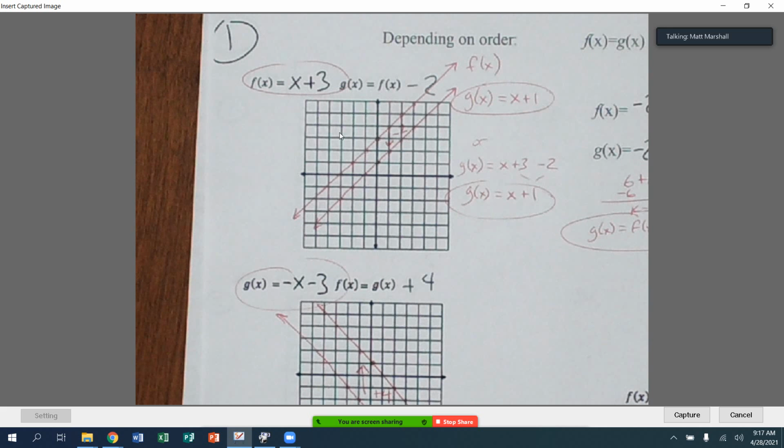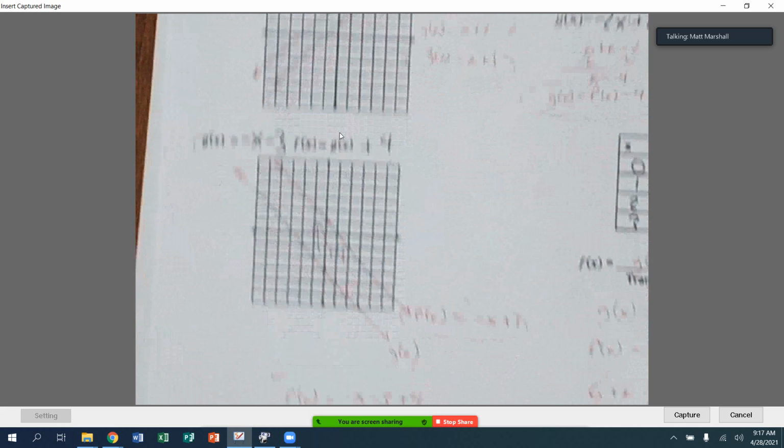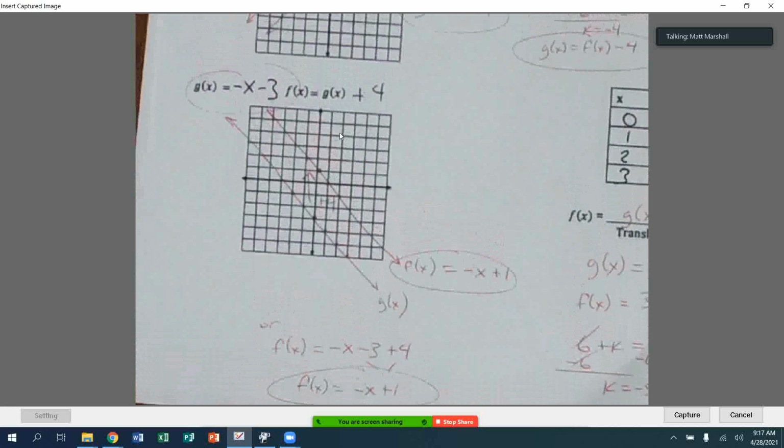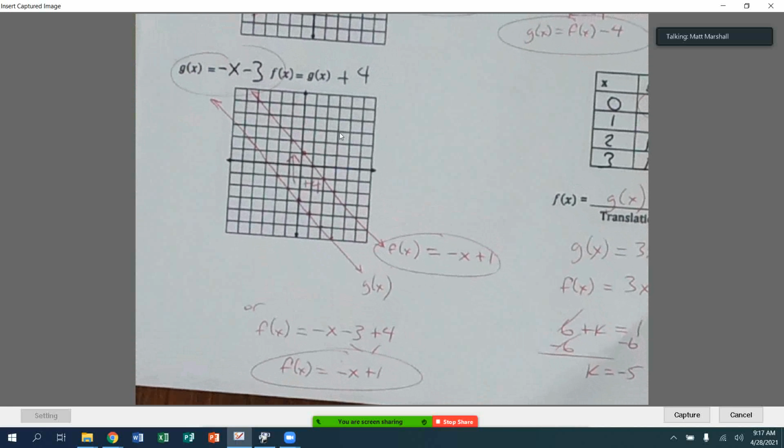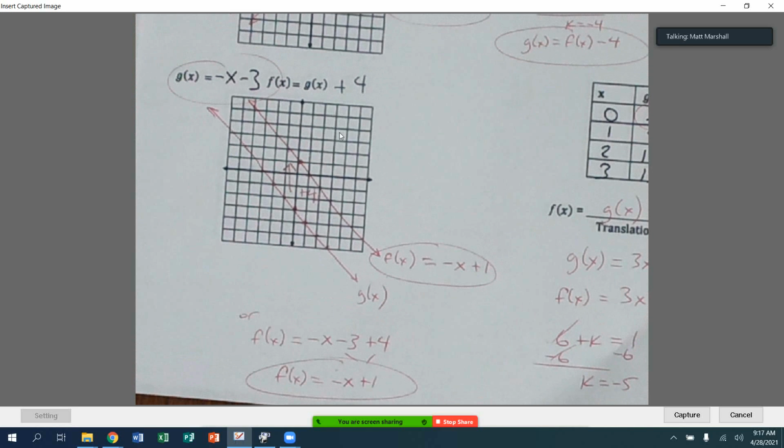If they showed the math to get that answer, maybe throw them a shaka. For the second one, I'm just looking for them being able to get that new equation. Look to see that it's f of g of x, not g of f. If it's either, but this is x, x plus 1 would be the problem.